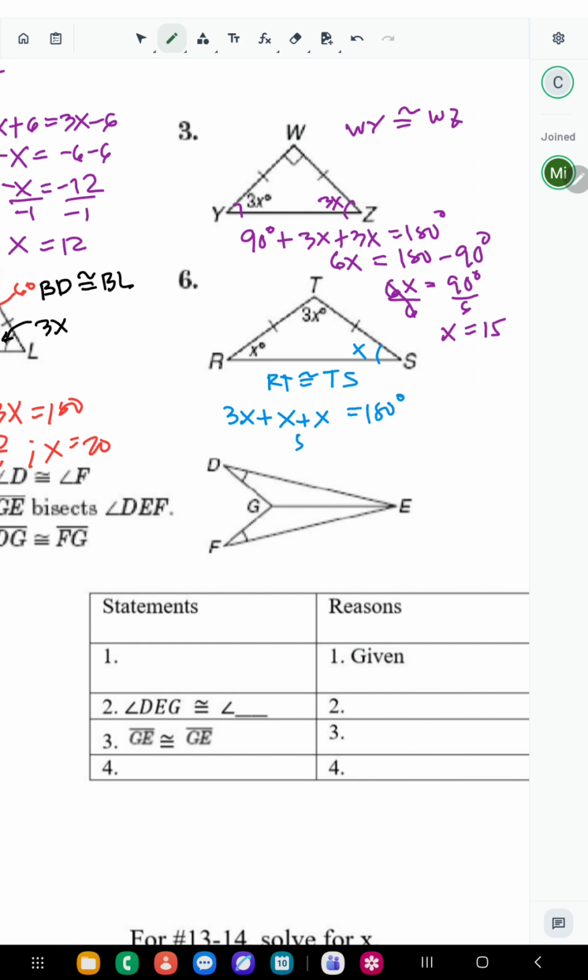So this is 5x equals 180. Divide by 5. Therefore, x is equal to, what is 180 divided by 5? 36. Okay.